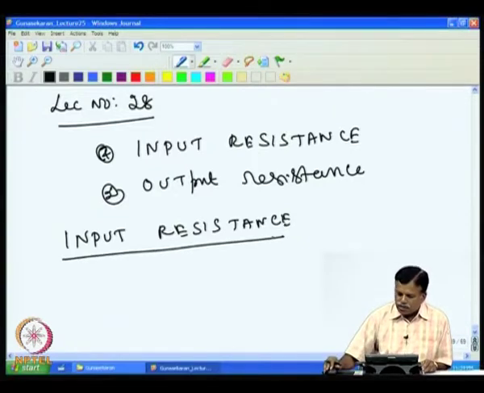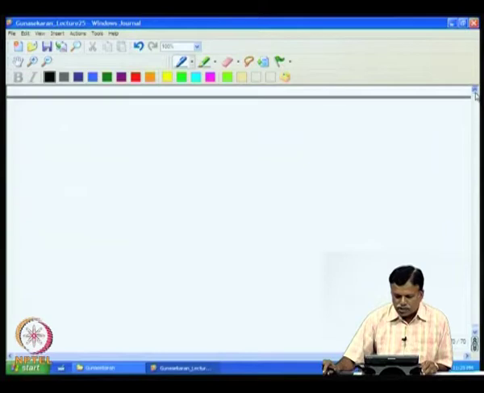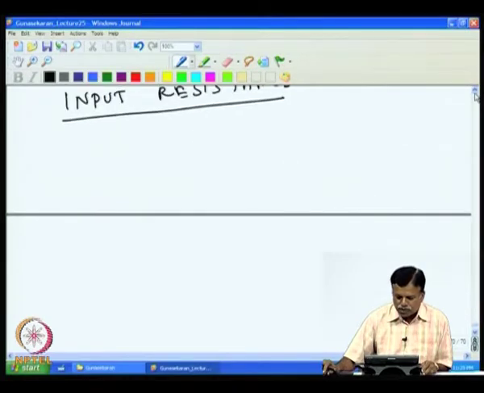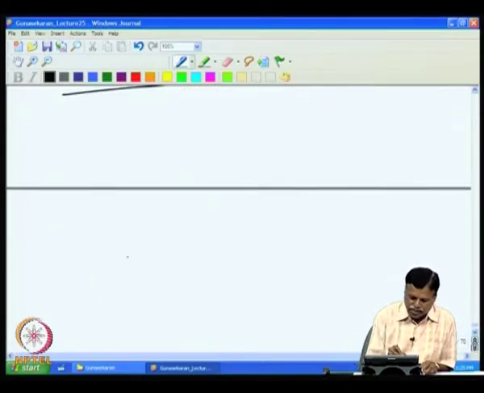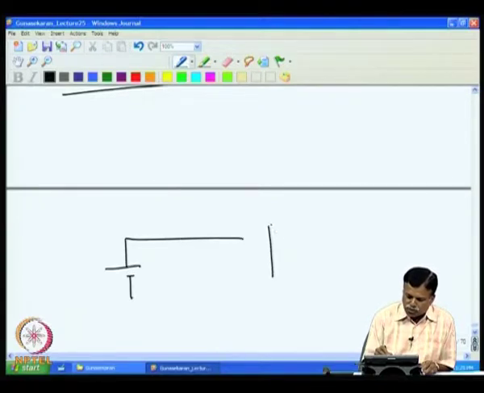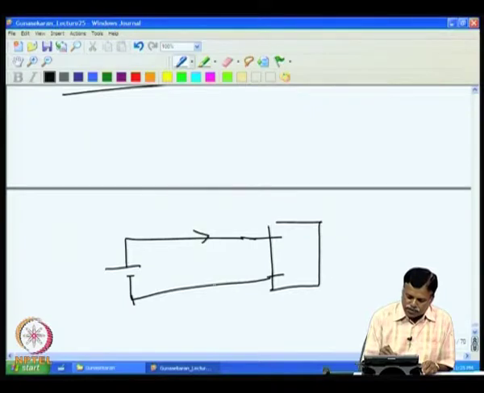Now, the input resistance is an important parameter in any instrument. Let us see why one should worry about the input resistance. For example, if I take any general instrument, I connect a voltage source to this instrument, and there will be a current I flowing in this.